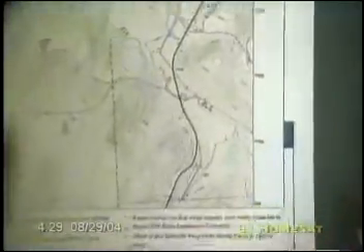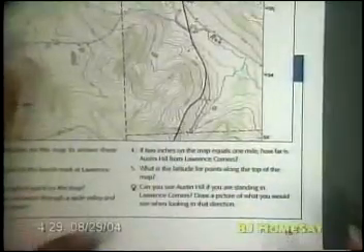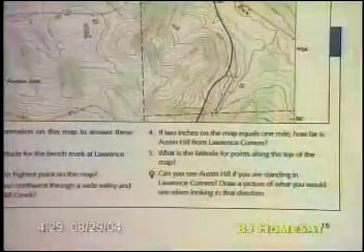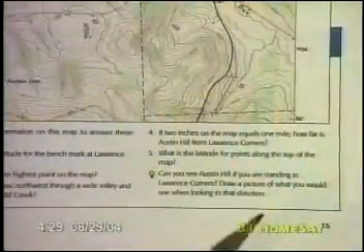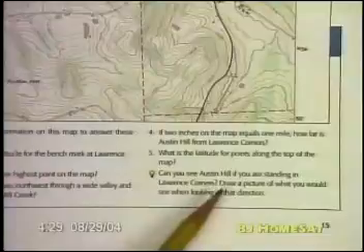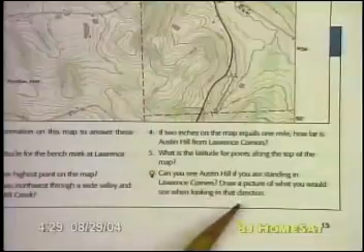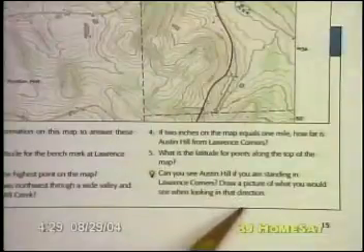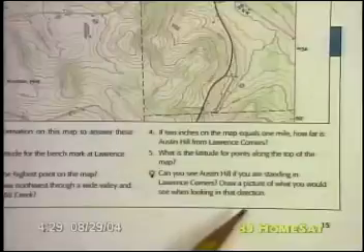Now our thought question we want to look at together because it's a tough one, and I'll try to help you out with it a little bit. Can you see Austin Hill if you're standing in Lawrence Corners? And then try to draw a picture of what you would see when looking in that direction.